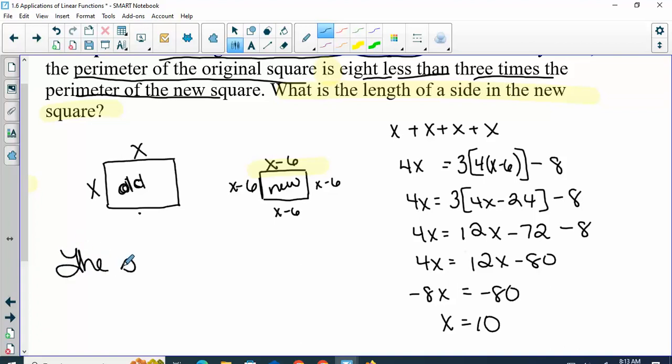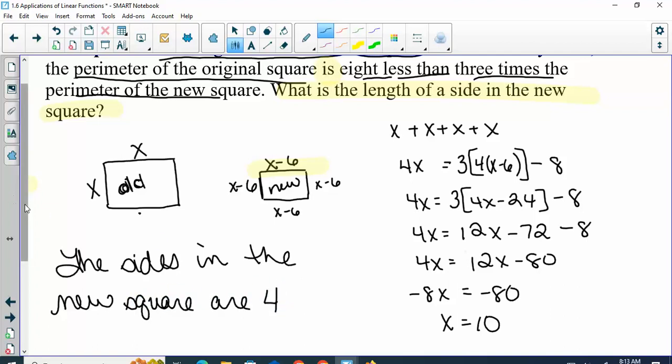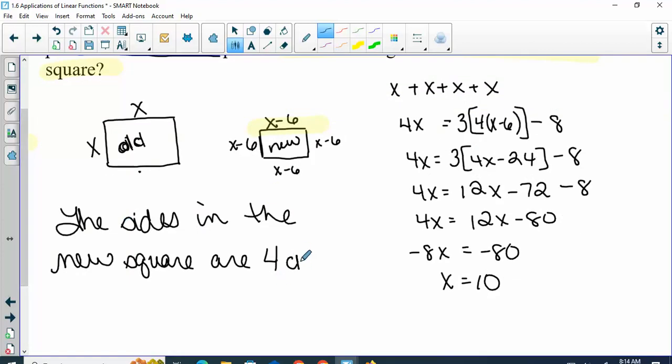So the sides in the new square are 4, what were my units here? Centimeters long. Is that okay?